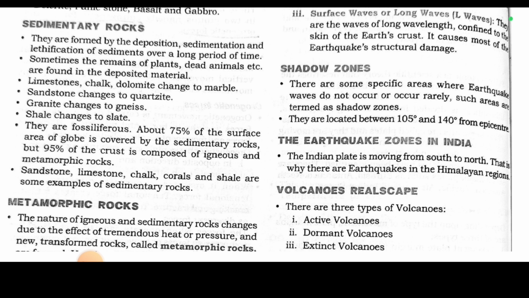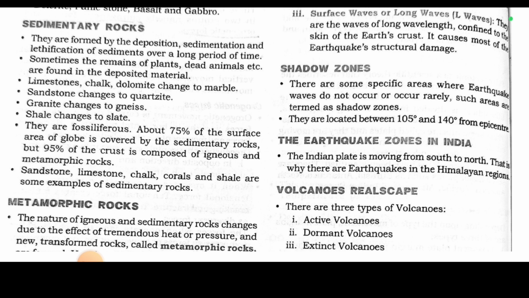They are fossiliferous. About 75% of the surface area of the globe is covered by sedimentary rocks, but 95% of the crust is composed of igneous and metamorphic rocks. Sandstones, limestones, chalks, corals, and shale are some examples of sedimentary rocks.